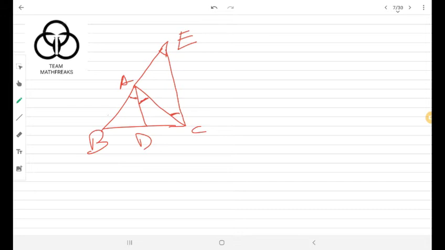These are corresponding angles, these two are alternate angles. So again, this is the angle bisector. These two angles are equal, so this side also comes equal. This side is equal to this side.